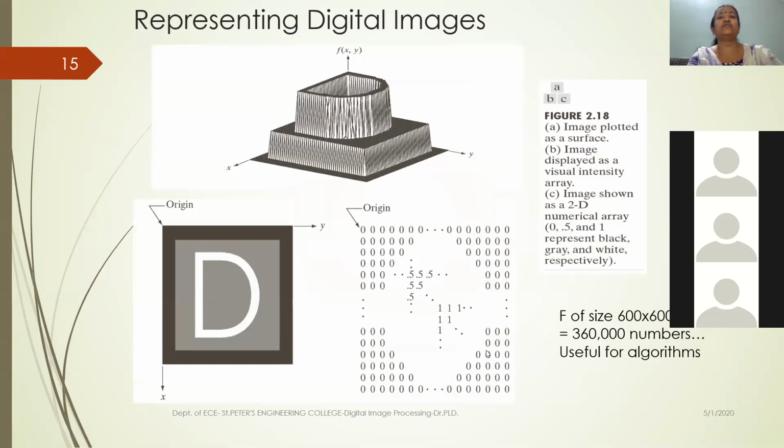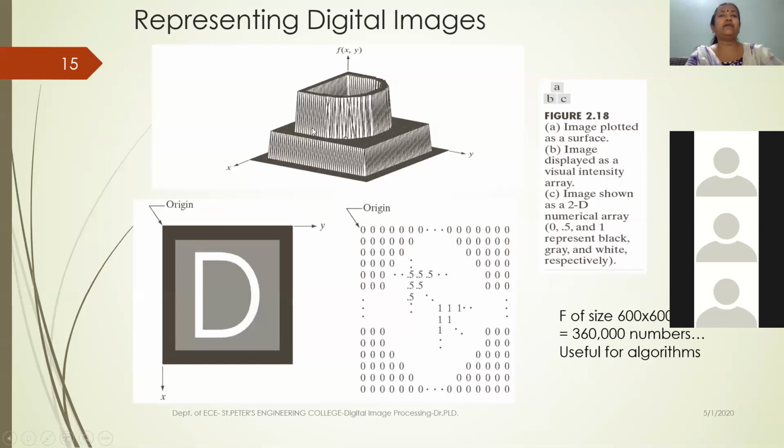This diagram we already discussed, but how you are representing this digital image and how you are giving the values to the locations of the pixels is based on the grayscale or gray level values. Here the image is plotted in this way. This is a three-dimensional view, and this is the two-dimensional image.